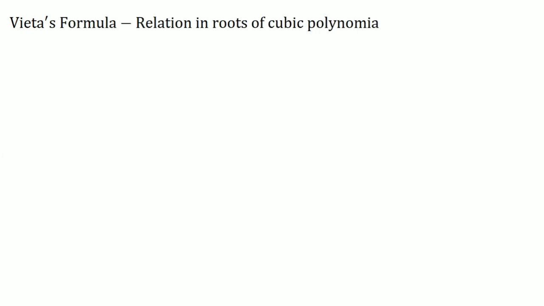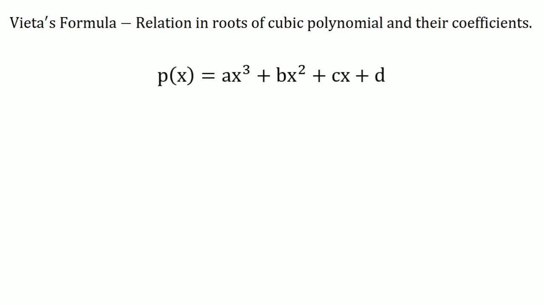Now we are using Vieta's formula. This is used for the relation between the roots of a cubic polynomial and their coefficients. So consider our general cubic polynomial p(x) which is equal to ax³ + bx² + cx + d.